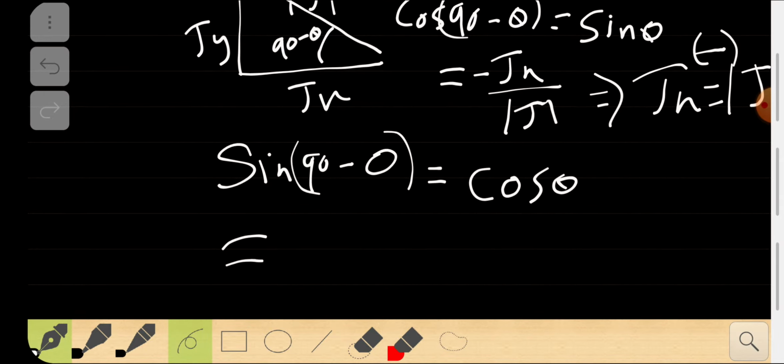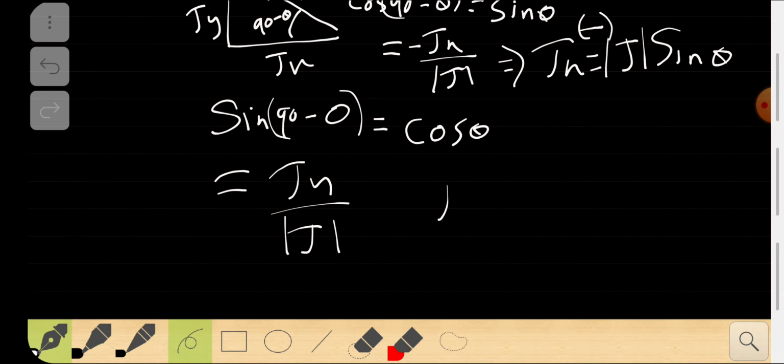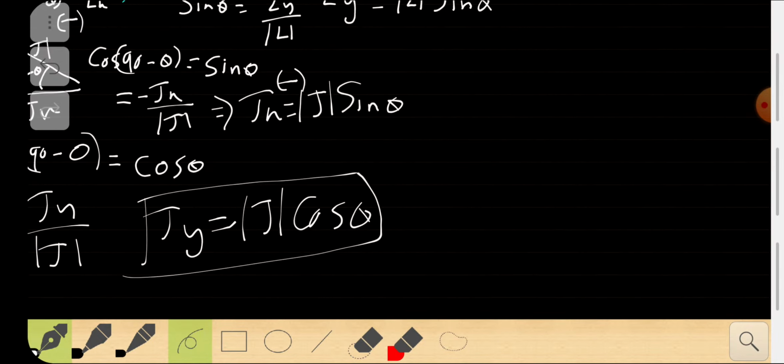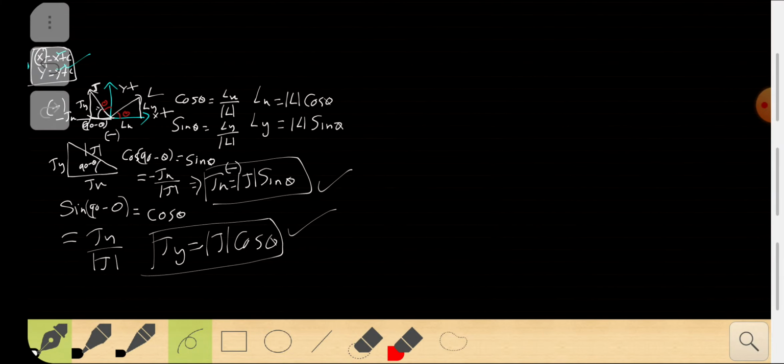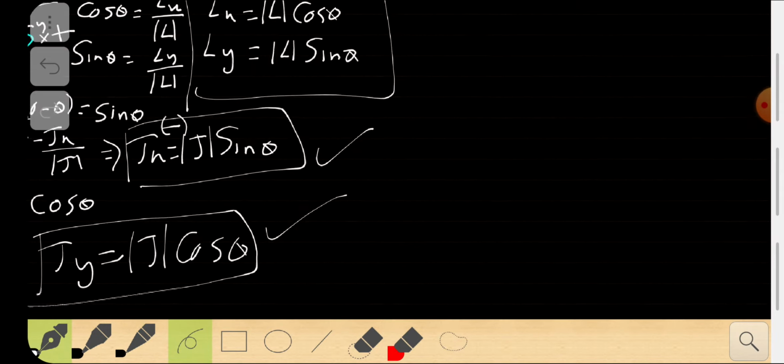So that will be equal to opposite, which is jy, by magnitude of j. So you can say that jy is equal to j times cos theta. So you found jx, you found jy, and we have also found lx and ly, right? So we got all that.